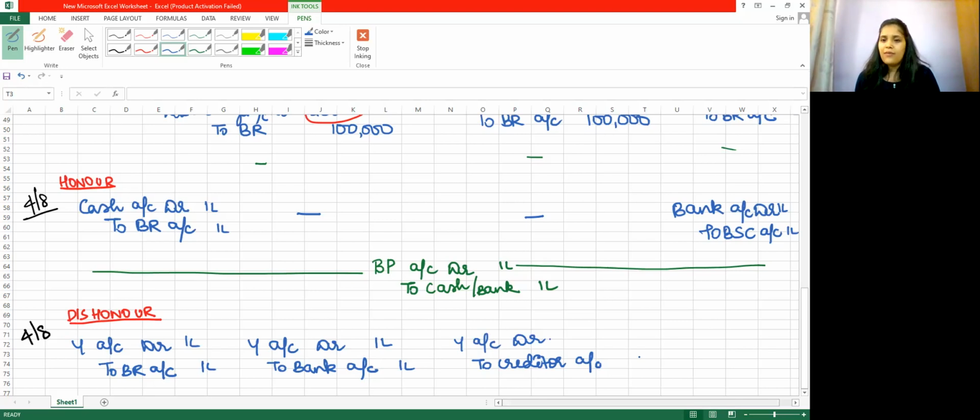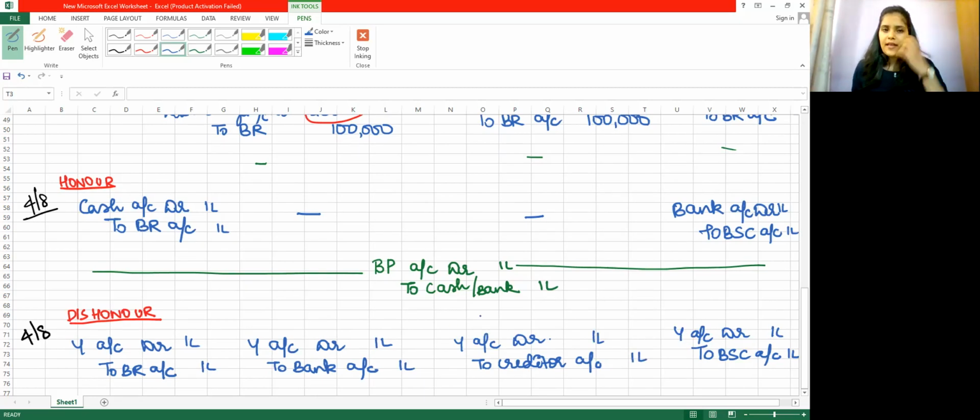And lastly, bill sent for collection, not paid bill. You will close your bill sent for collection account and account receivable from Mr. Y.